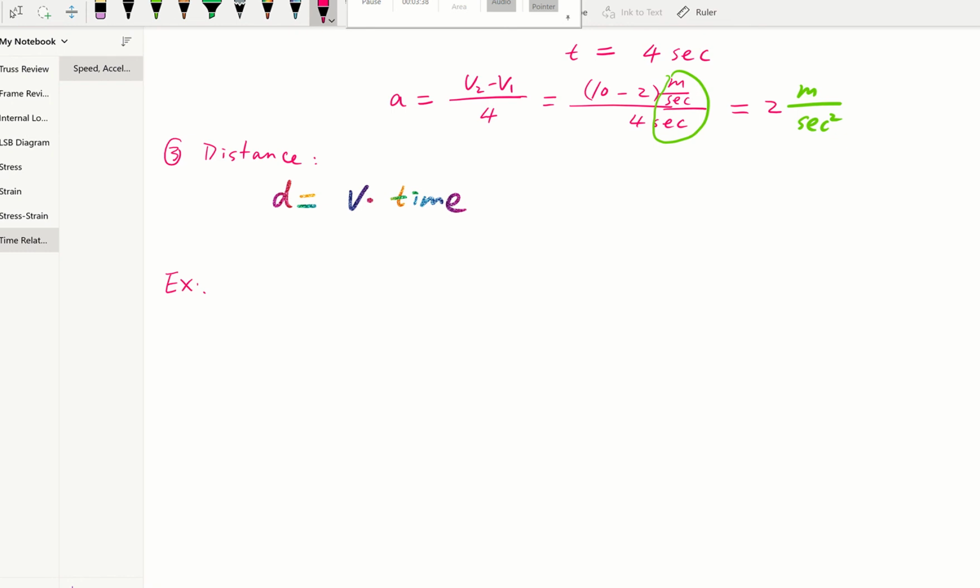So imagine you are starting to drive your car, and we're going to draw this. The x-axis will be time, and we use seconds. And this is going to be our speed or velocity, and here we're going to use meters per second.